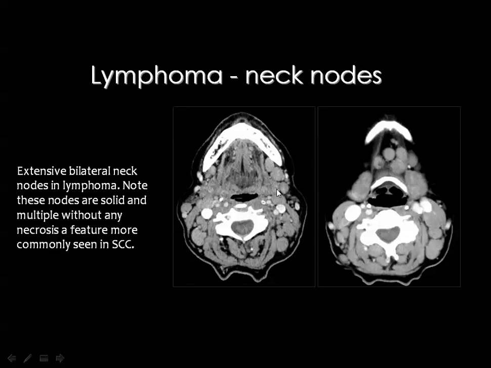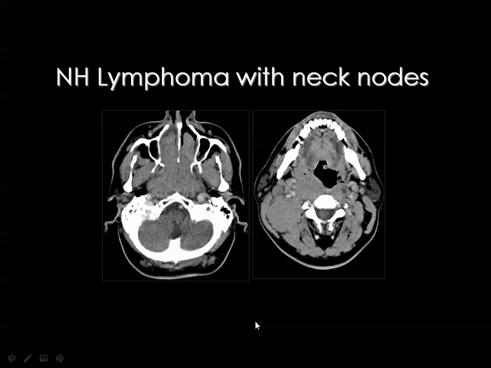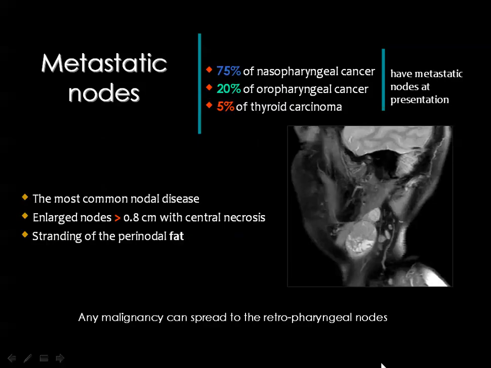I will discuss the anatomy and the pathology of lymph nodes in a separate issue. Do you remember this case of non-Hodgkin lymphoma infiltrating the naso and the oropharynx and associated with lymphomatous nodes in the neck?